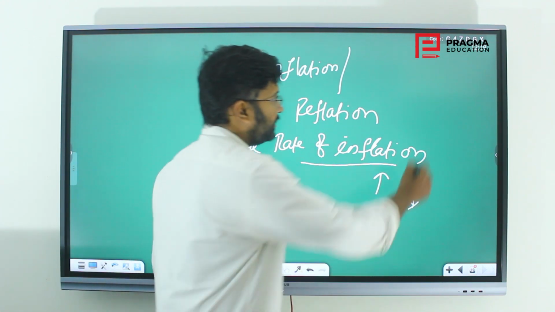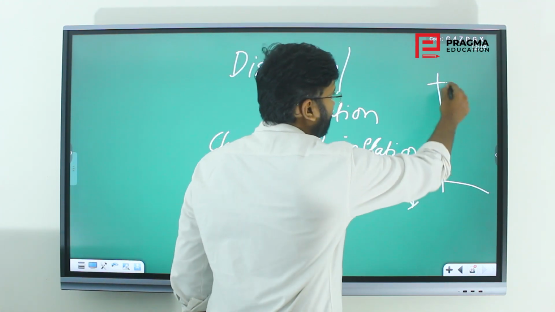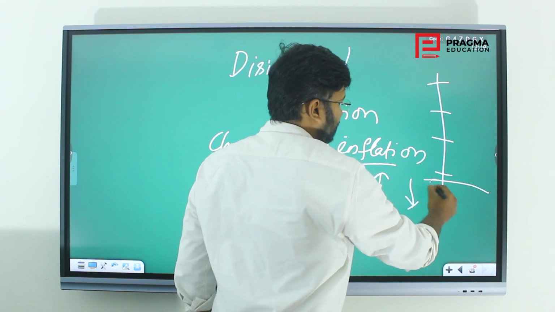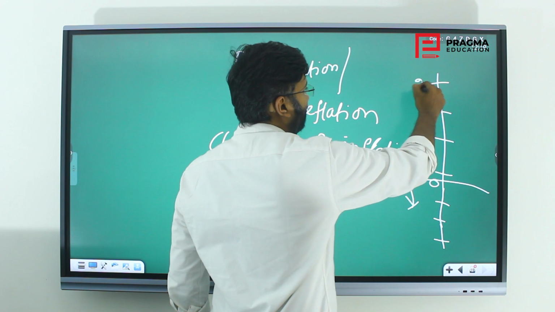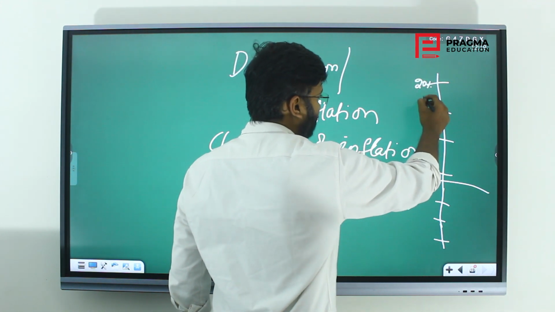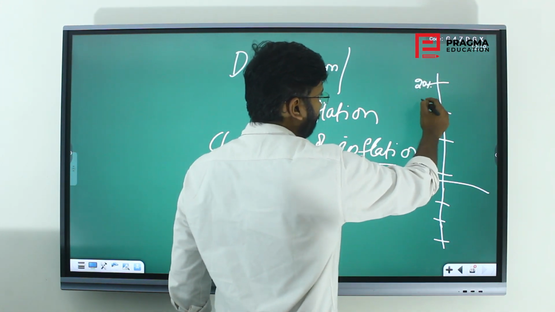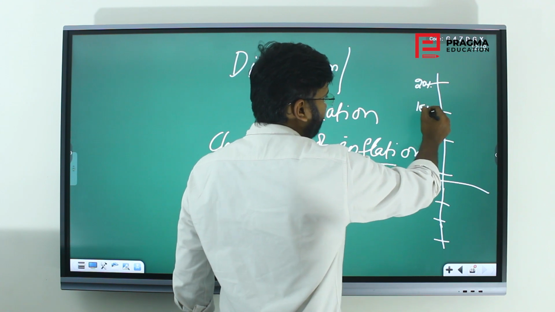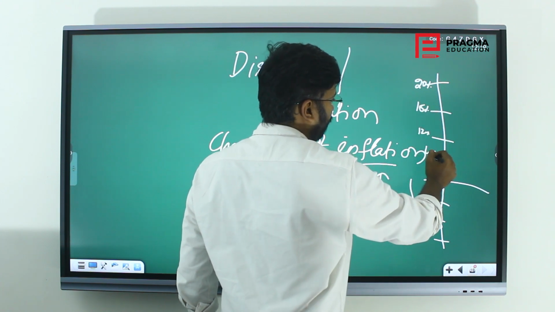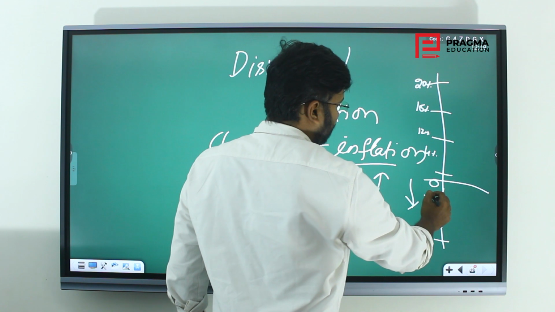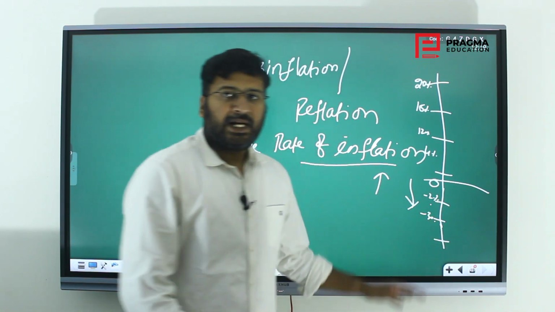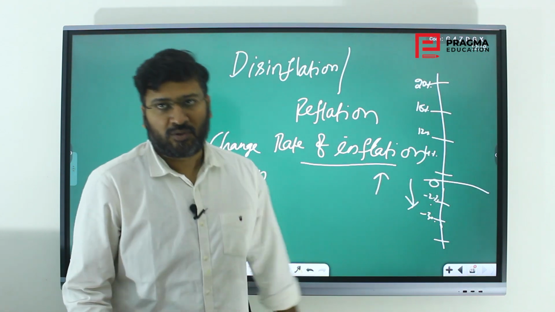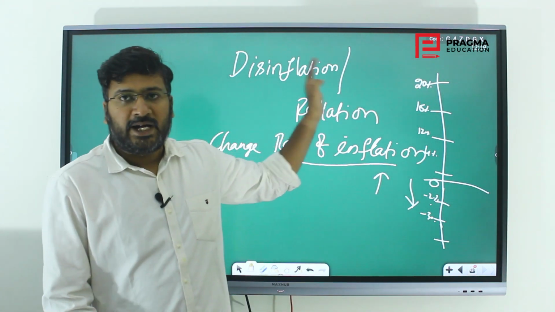So what happens essentially in the disinflation concept? Say suppose this is 0, this is below. There is inflation, it was around 20%, then it keeps coming down, it keeps decreasing: 15, 12, 4, 0, then it comes to -2, it will keep going down also. Till the time it crosses the 0 below horizon, it is called disinflation.